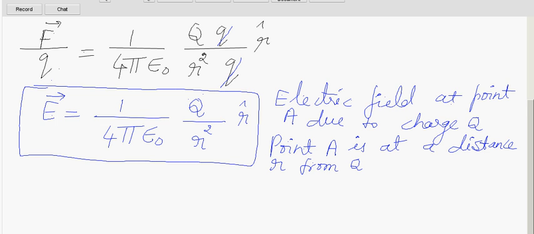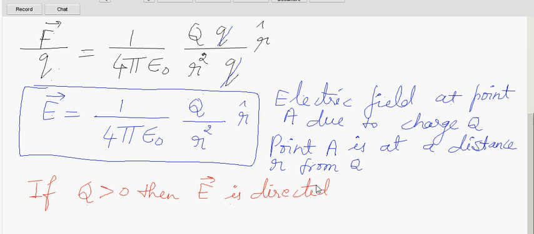So if your source charge Q is greater than 0, then the electric field is directed away from it.